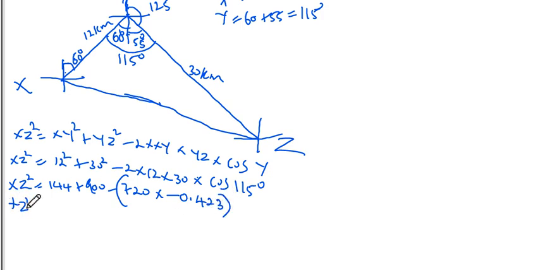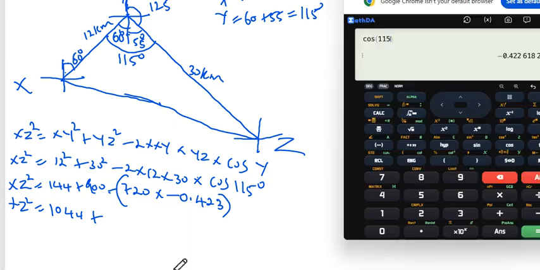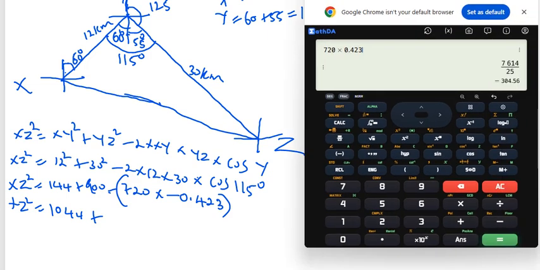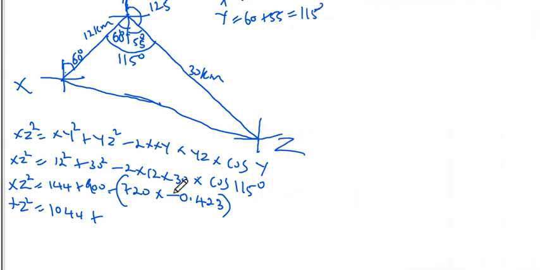So XZ squared equals 144 plus 900, that's 1044. Minus times minus is plus 720 times 0.423, that's 304.56.